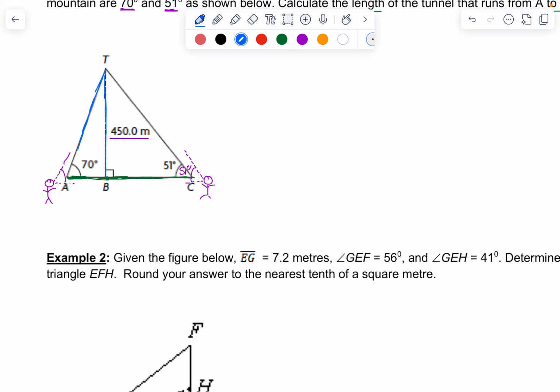We have created one right angle triangle right here, because that is a vertical line, and that is also 90 degrees right here, and that is a flat line on the bottom. A vertical line and a horizontal line always meet at 90 degrees. So we have a blue triangle, and you also have this other triangle right here, where I'm now putting it in purple. And notice you have a shared edge right here, this height of this mountain.